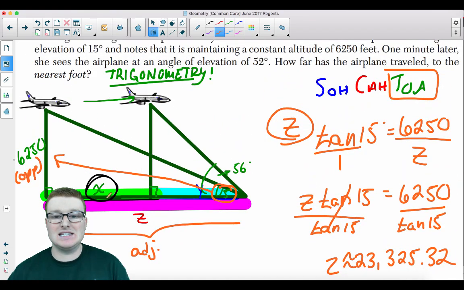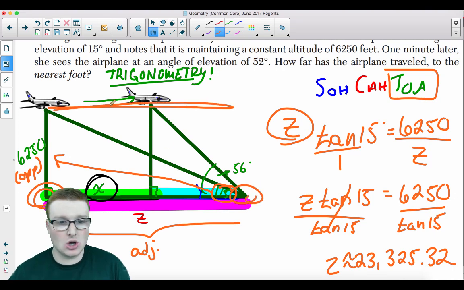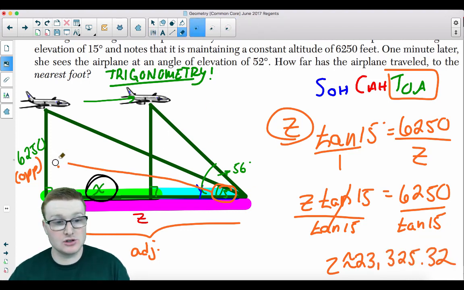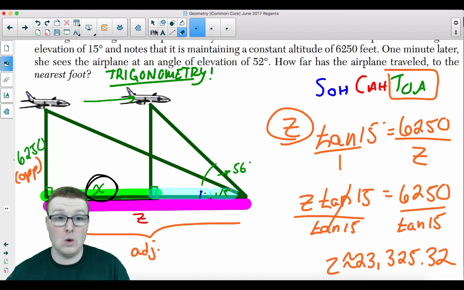That, ladies and gentlemen, is the distance in feet from here to here. That is this whole distance, okay? So now I'm going to use the other, smaller triangle to calculate what the distance is for y.